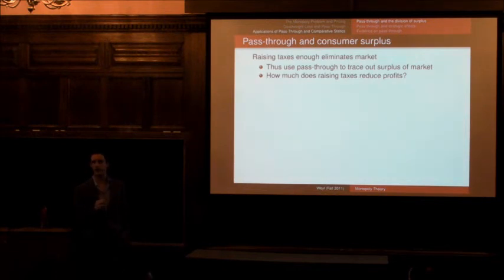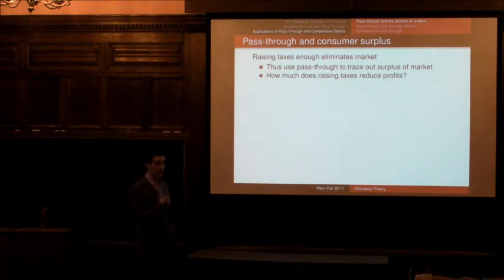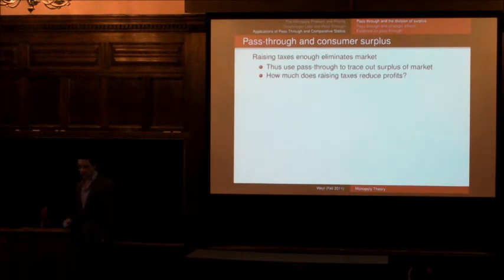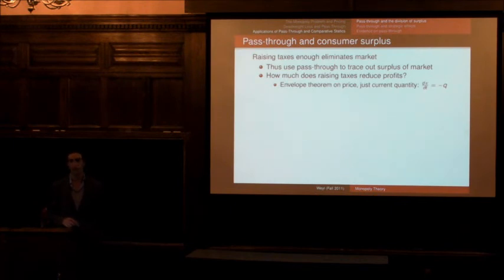Well, one for every unit he sells, right? Because he pays the tax on all the units, because we can treat it as if his price is held fixed, because he chose price to maximize his profits, right? So these profits fall by exactly the negative of the quantity, right?